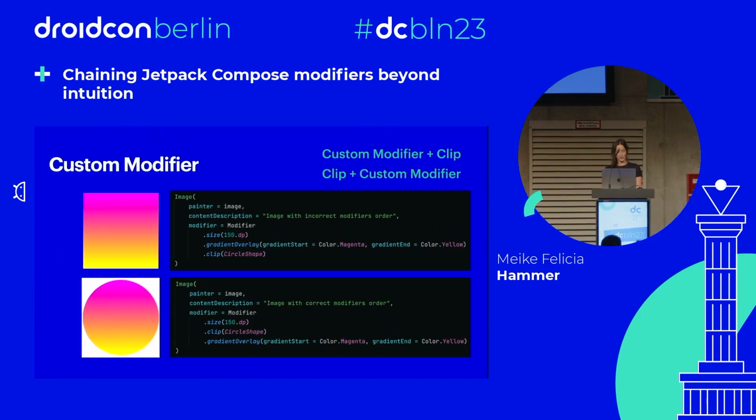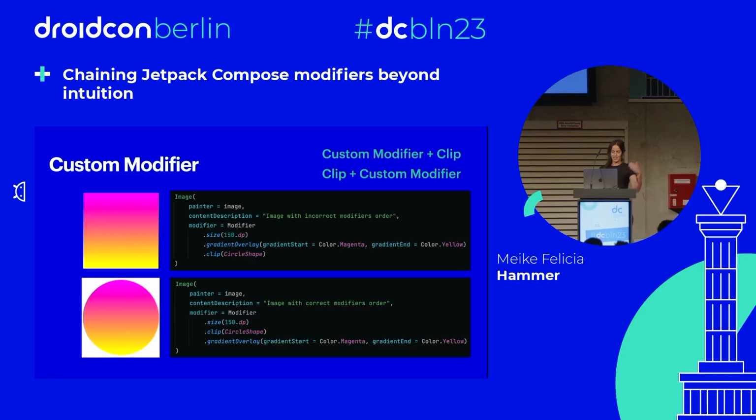In the first version, the unwanted result, we apply the gradient overlay first, our custom modifier, and then clip it. It seems like clip doesn't have any impact on that, and nothing follows afterwards, so we do not see anything clipped.